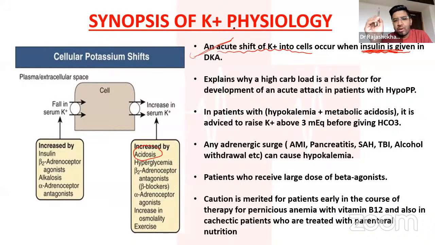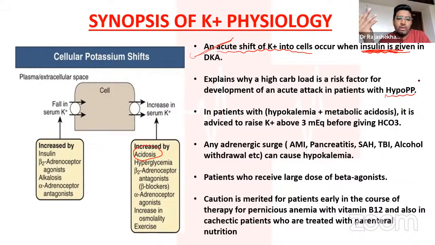And similarly, you might have heard of a disease called hypokalemic periodic paralysis, which is a channelopathy due to abnormalities in the calcium channel. It is an intermittent or periodic type of paralysis occurring in a patient. This transcellular shift mechanism also explains why a high carbohydrate load is a risk factor for these patients.